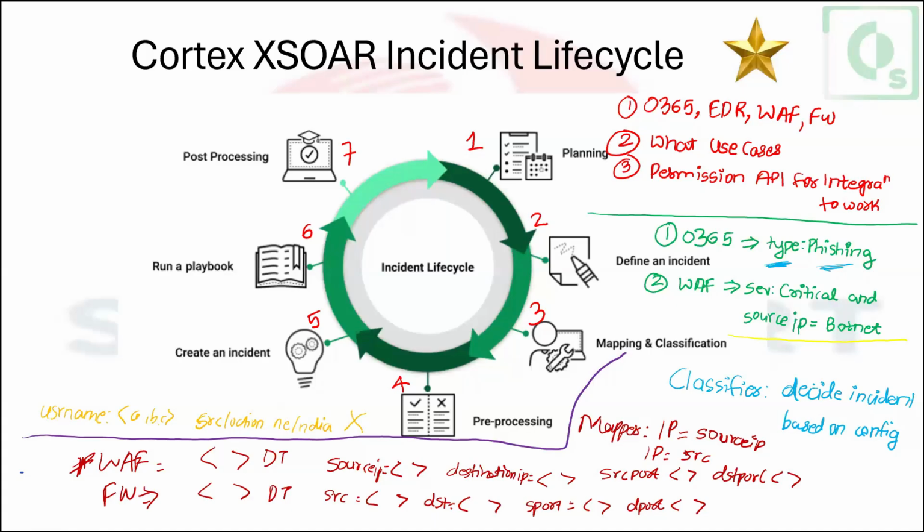So it is which field, what is the condition, and what is the action. This is done in pre-processing rules, which I'm going to show you.